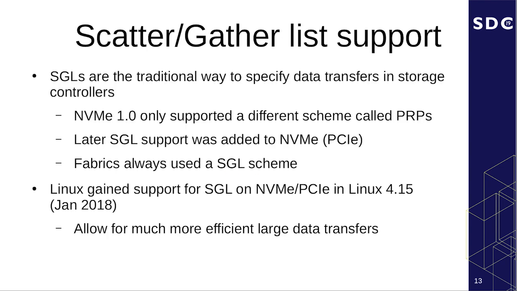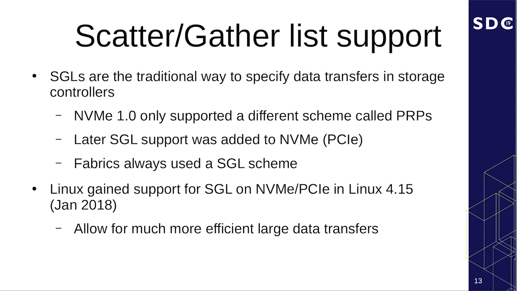The other thing I'm pretty excited about is work that Chaitanya did about 2 years ago, the scatter gather list support. Scatter lists are what just about every storage interface but AHCI and the initial NVMe uses. It's just a way to efficiently describe variable length data for transfers.